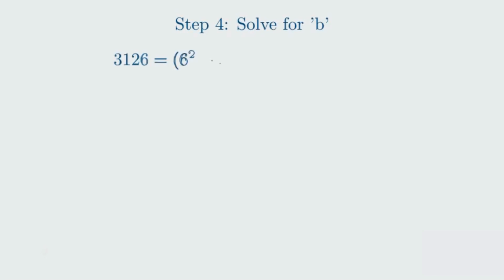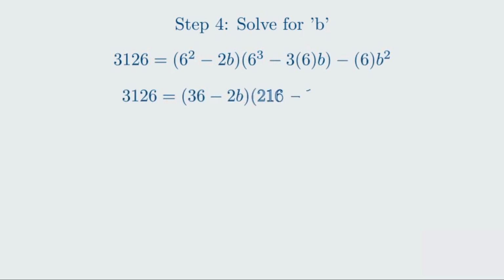We've done all the hard work to derive the identity. Now, let's substitute the known values and solve for b. Remember, we know a equals 6, and x to the fifth plus y to the fifth equals 3,126. So, our identity becomes 3,126 equals 36 minus 2b times 216 minus 18b, minus 6b squared. Let's expand the parentheses on the right side.